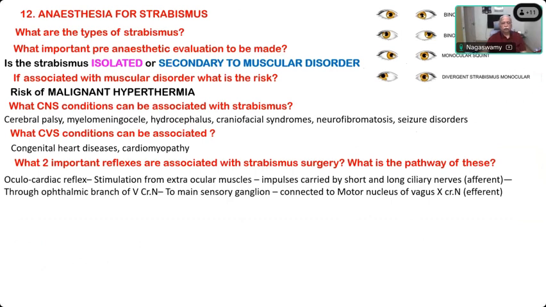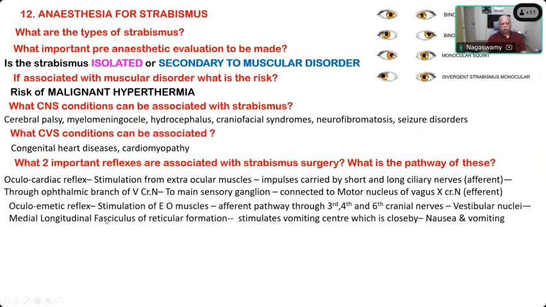That is the reflex arc. So stimulation from extraocular muscles leads to pulses. The afferent pathway is short and long ciliary nerves which go through the ophthalmic branch of the fifth cranial nerve to the sensory ganglia. These get connected to the motor nucleus of the vagus, and that vagus stimulation causes bradycardia. So that is the oculocardiac reflex.